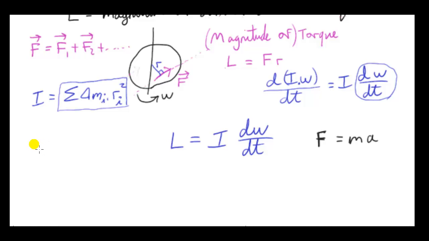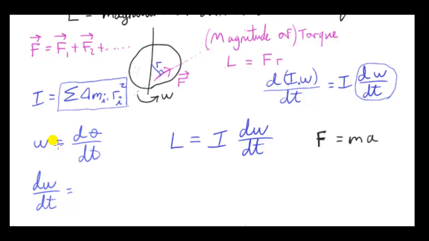So omega, remember, is the rate of change of the angle with time. It's the angle swept out in unit time. So we can write down dω/dt in terms of theta. We differentiate this with respect to time.